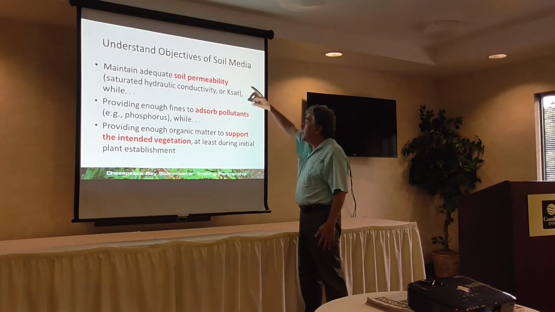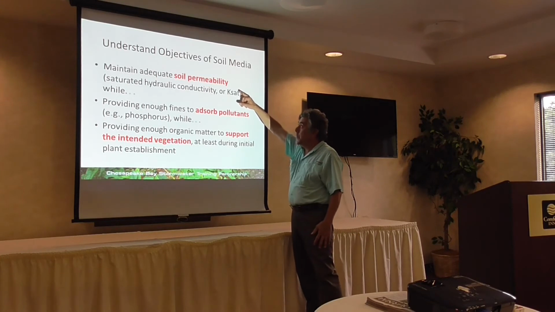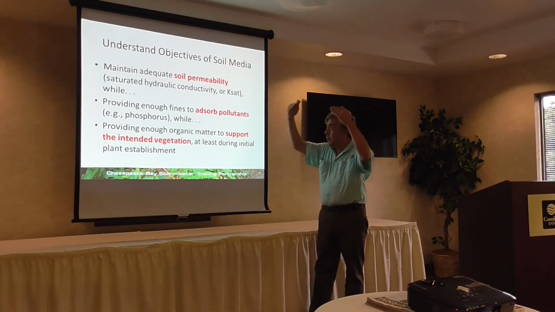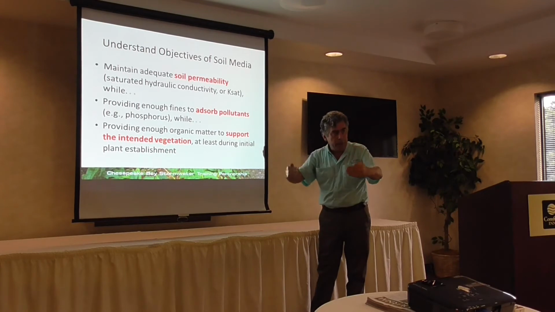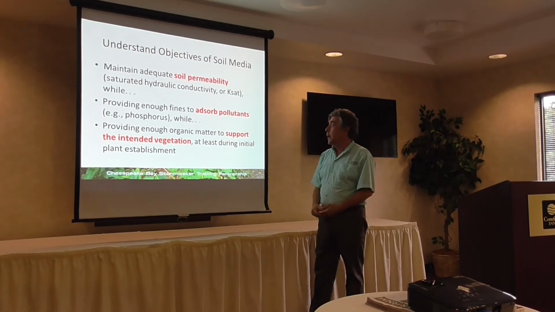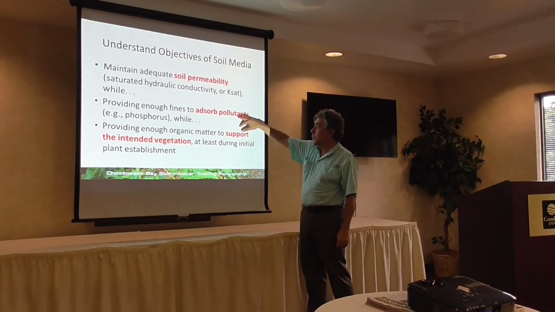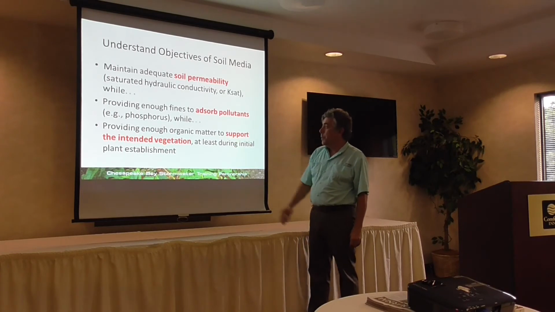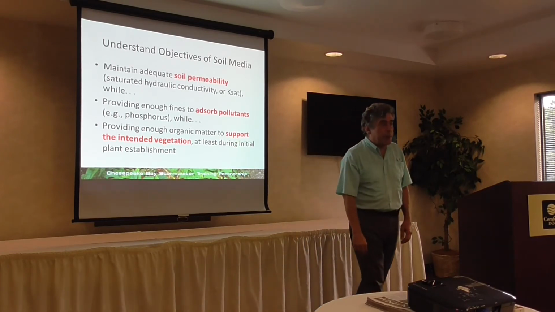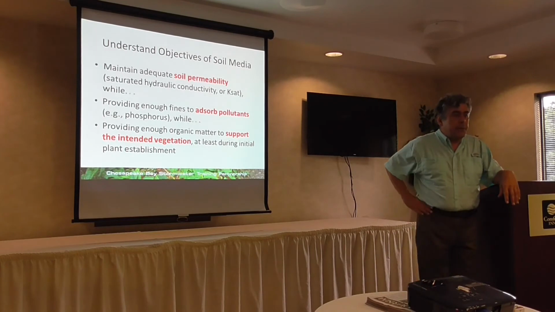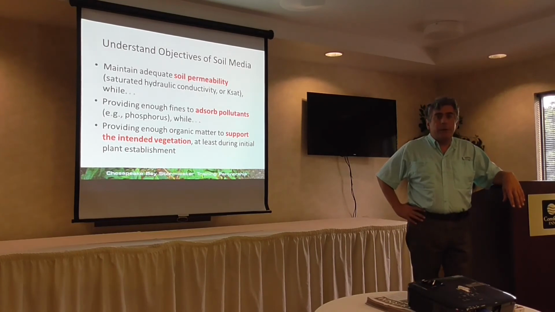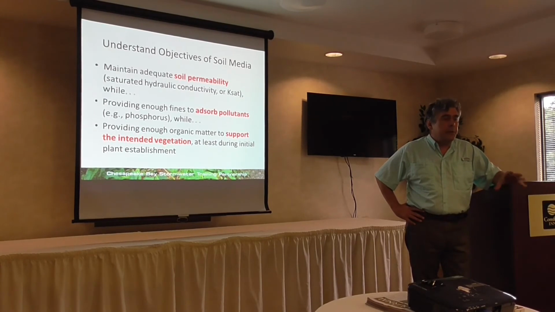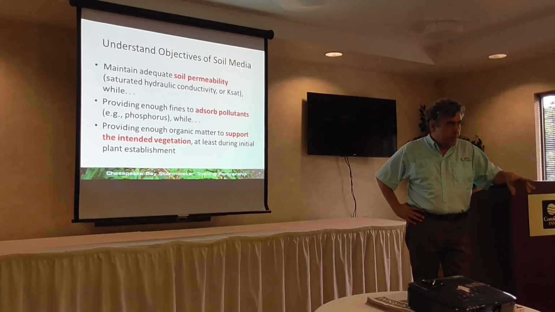So anyway, the objective of that layer is to maintain soil permeability, to get hydraulic conductivity to go through the system with enough fines to absorb pollutants while providing enough organic matter to support the intended vegetation during the initial plant establishment. And because it's a pretty sandy mix, we need just some of it there so that during a windstorm the trees won't blow over if you use trees.